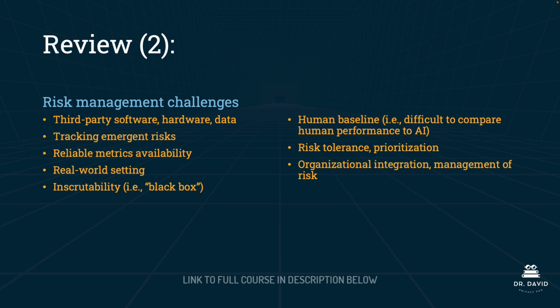They include third-party software, hardware, and data, tracking emergent risks, reliable metrics availability, the real-world setting, and the inscrutability or black box nature of AI systems. These challenges also include identifying a human baseline, risk tolerance and prioritization, and organizational integration and management of risk.